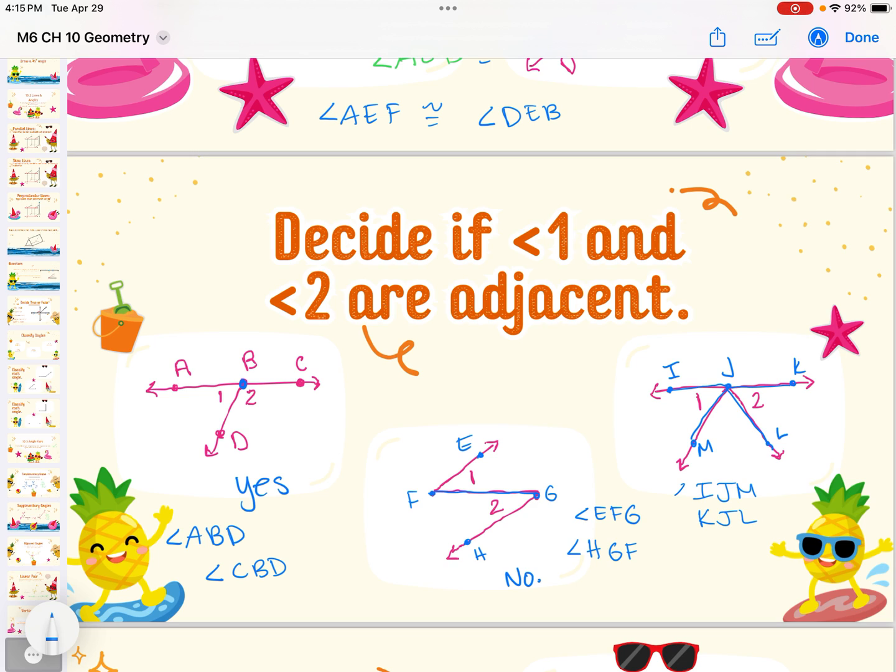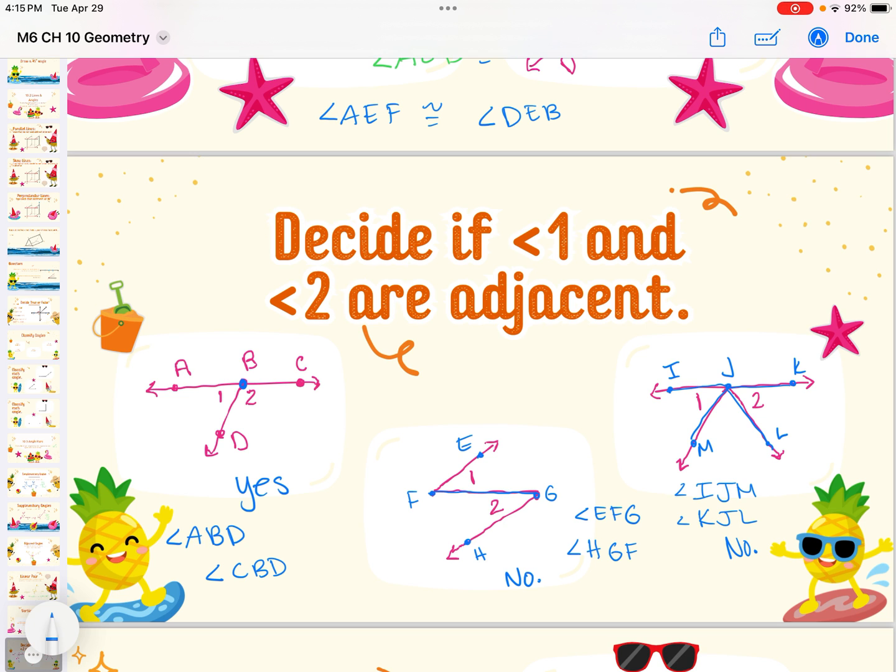Now, we need to go through. Do they share a common vertex? Yes, they both have the same point J, but they do not share a common side. So these ones are also not adjacent.